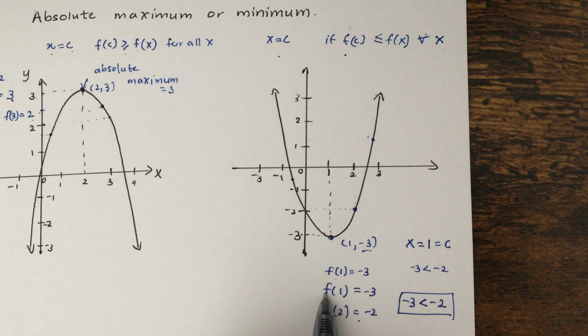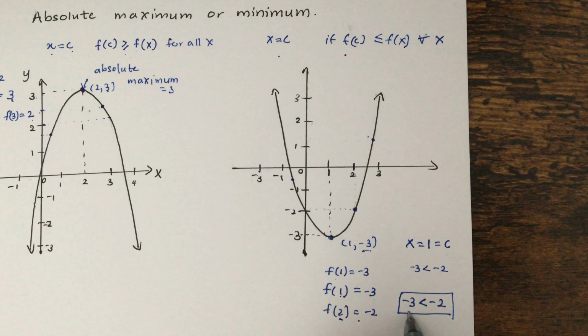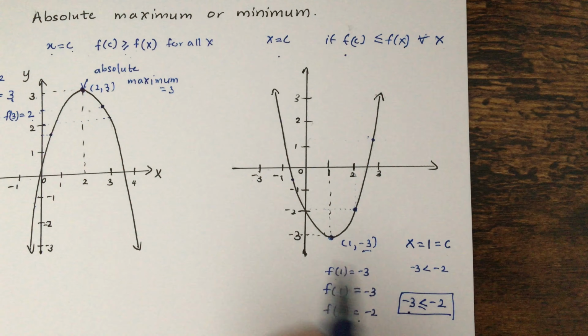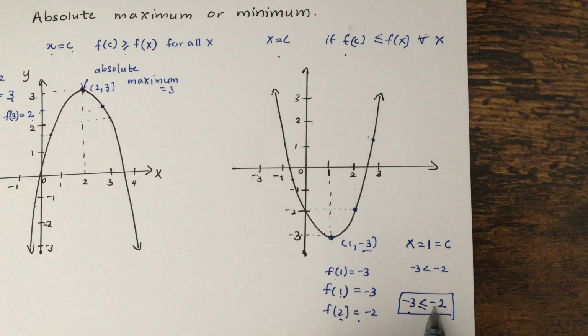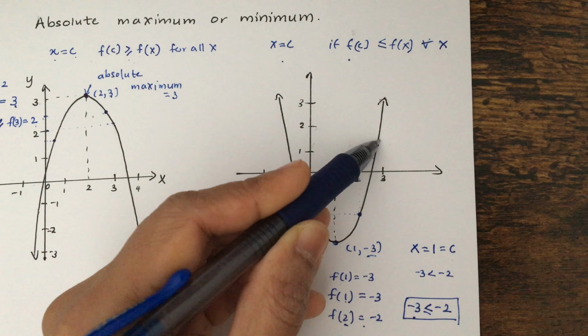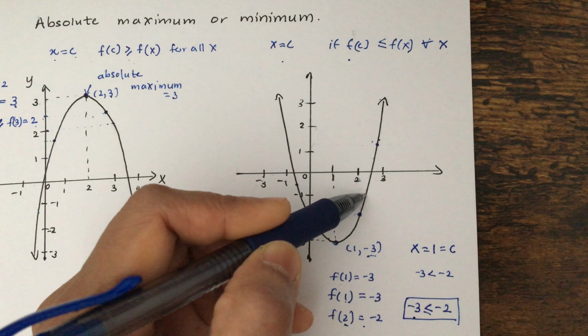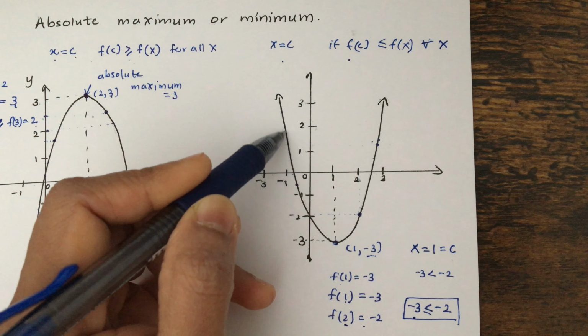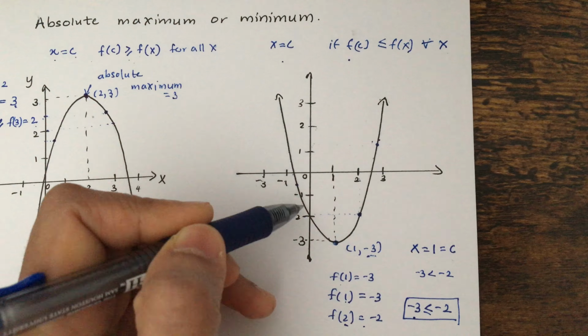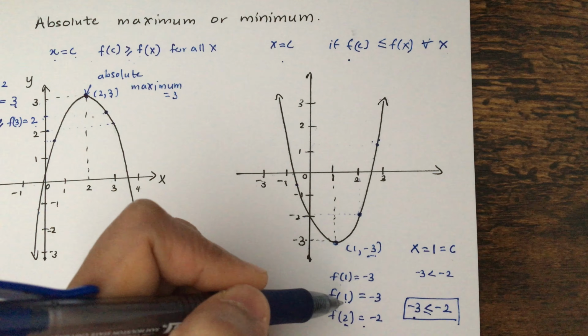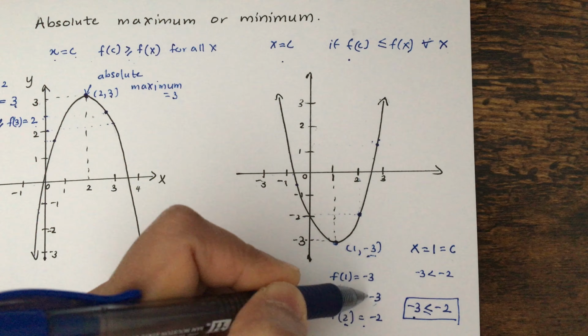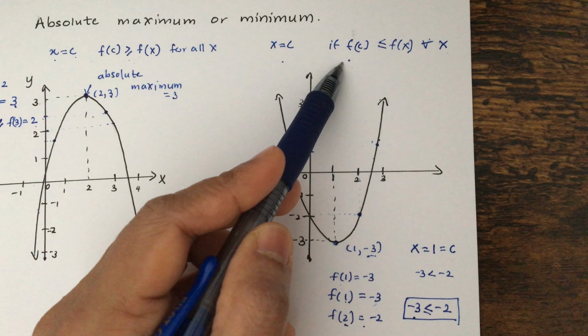So I'm going to compare f of 1 with f of 2. f of 1 is less than or equal to negative 2, right? If you consider any point on this graph, you can see that the y value at each of these points is greater than negative 3, right? So this condition is satisfied.